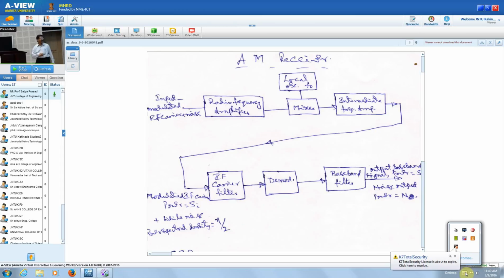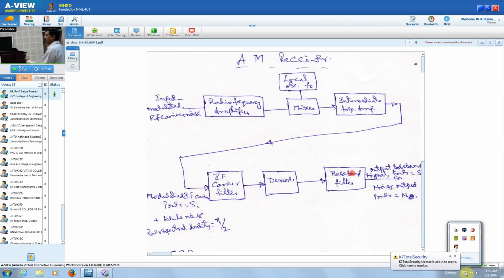If you have AM or DSB, the bandwidth is going to be 2FM along with different demodulation techniques, whereas SSB gives you bandwidth of only FM. Except that, this part is going to be the same for all your different AM modulation techniques. That's why we will concentrate much on this part of your receiver circuit to compare the noise performances of the different systems.